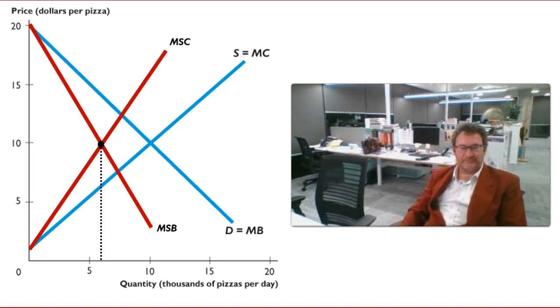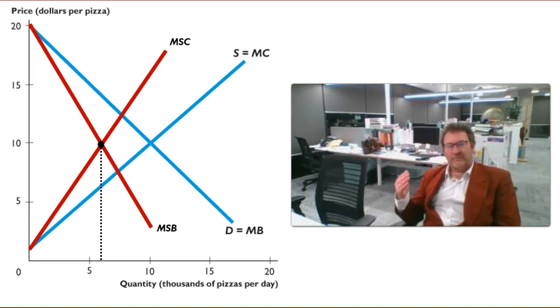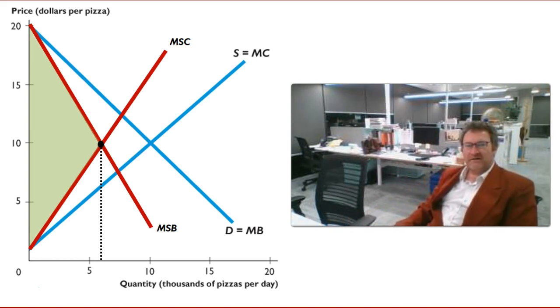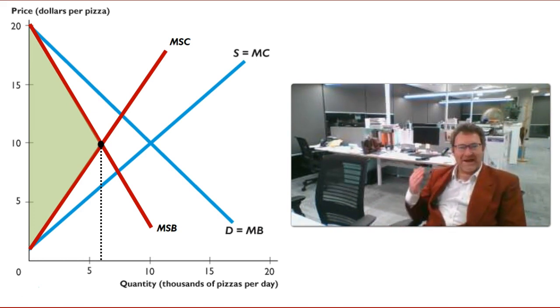So far so good. And we know that in that case the total economic welfare being generated for the society as a whole will be this triangle here. All of the area under the marginal social benefit curve and above the marginal social cost curve up to the socially optimal output.